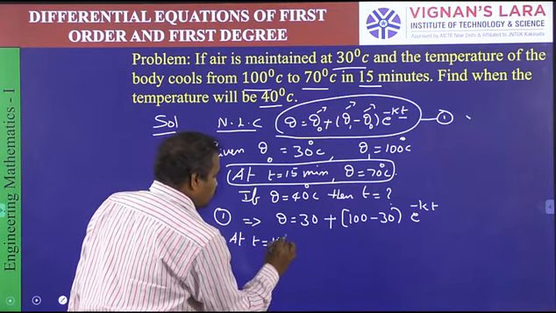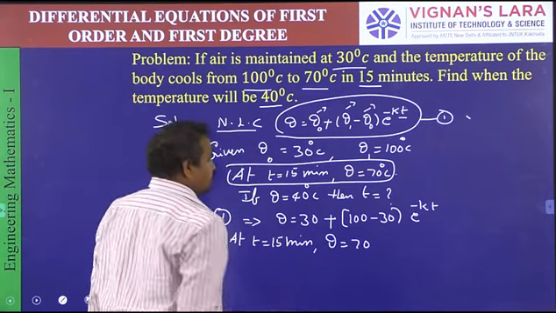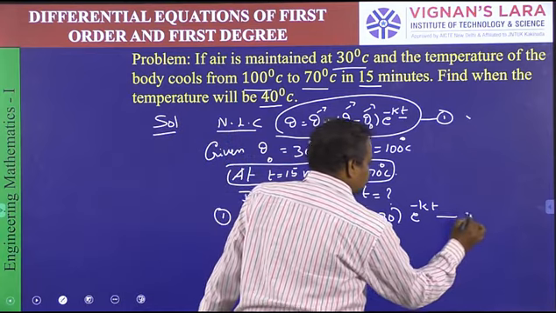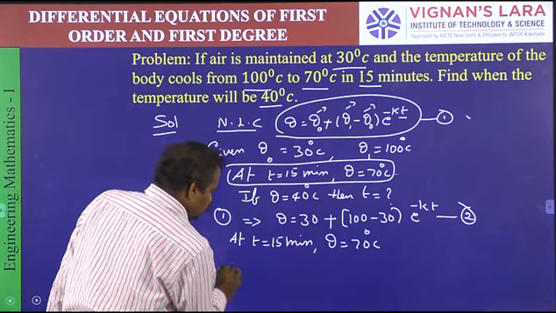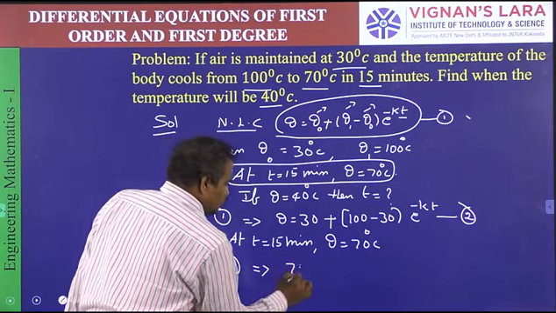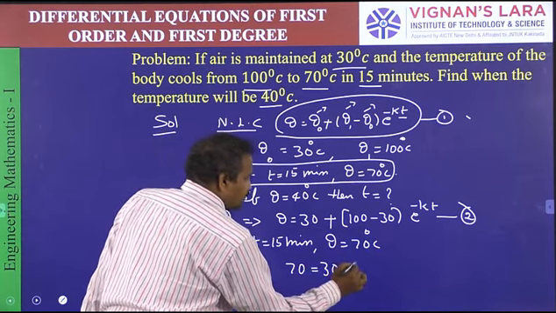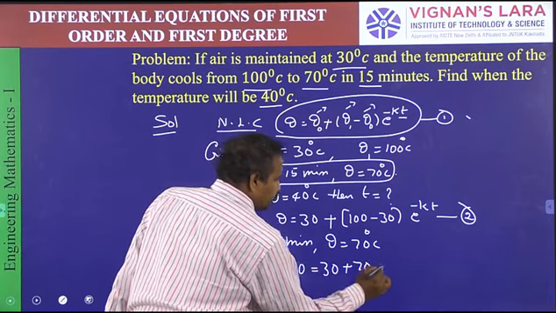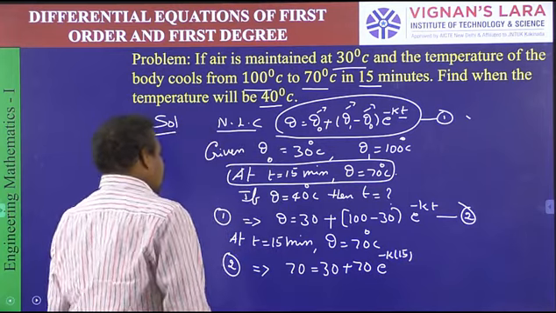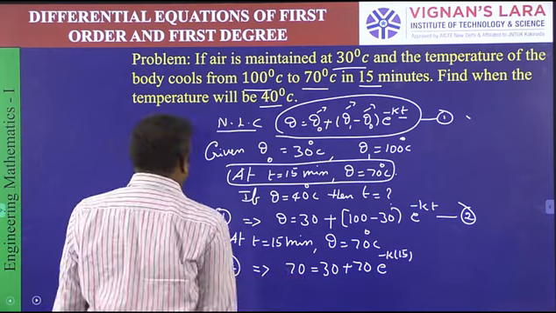At t is equal to 15 minutes, theta is equal to 70 degrees centigrade. Substitute this in the second equation. 2 implies theta value 70 is equal to 30 plus (100 minus 30, 70) e power minus k into t value 15. So 70, this 30 comes to the left hand side, that becomes 40.